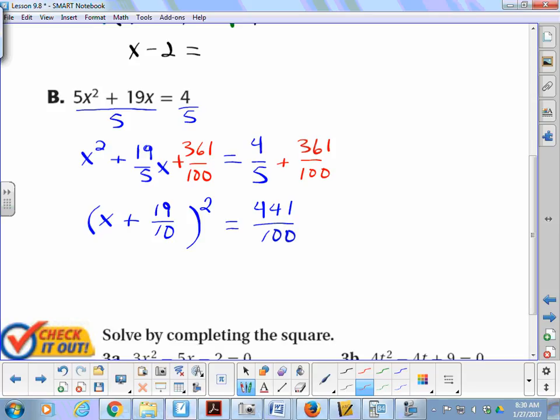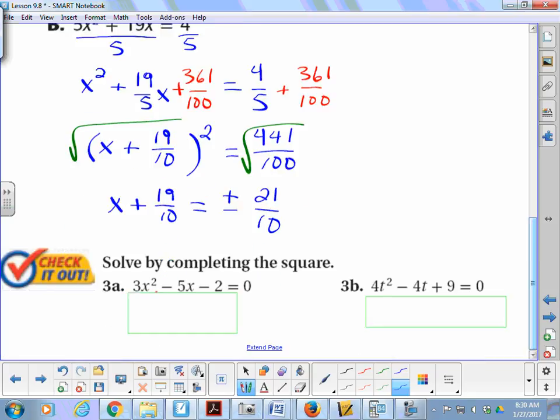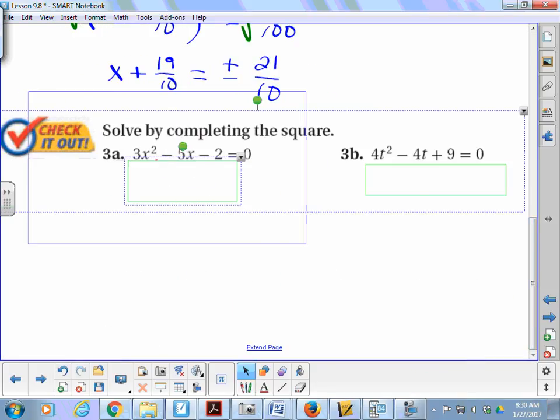Okay, take the square root of both sides. So x plus 19 over 10 equals plus or minus. What's the square root of 441? 21. Oh, that's nice. So we get 21 over 10. All right.